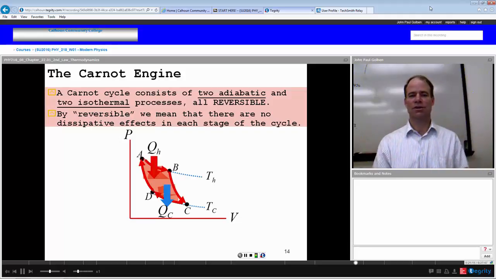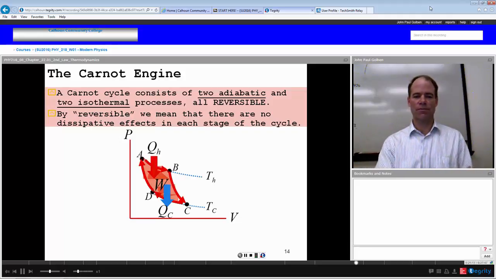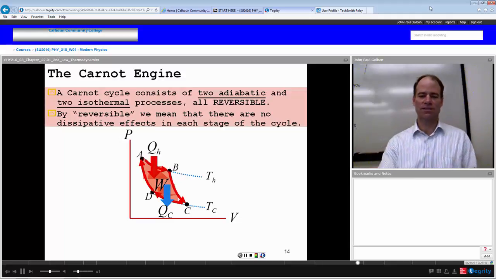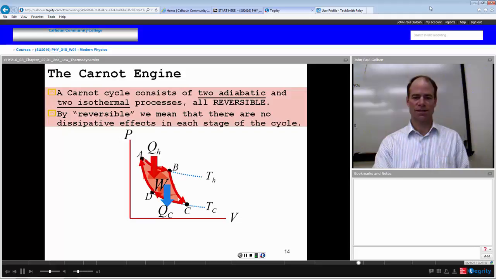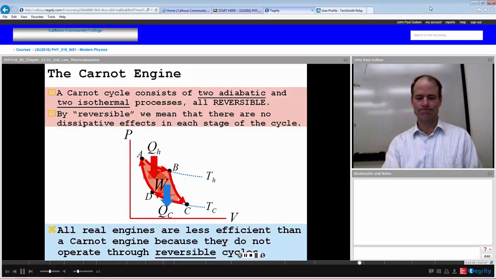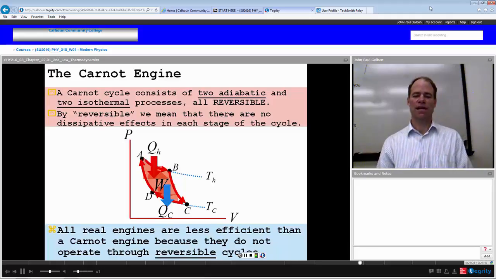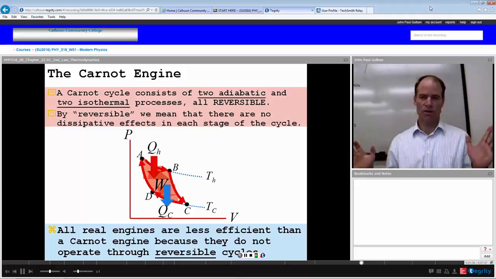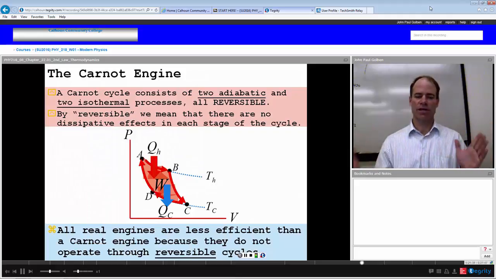Change in internal energy is 0 overall, and the work done by the engine is the area enclosed by this cyclic process. The best engine possible. All real engines are less efficient than this Carnot engine because all real engines will have some kind of irreversibility to them. So they can't be totally reversible like this engine is.